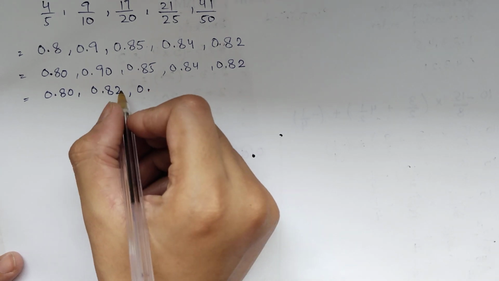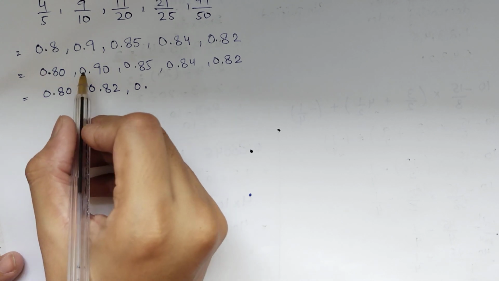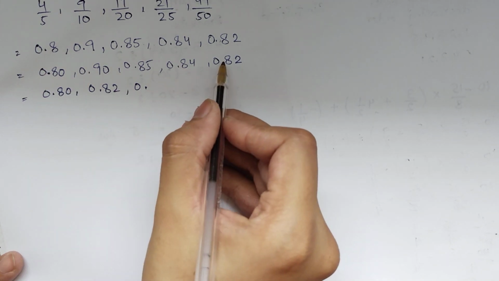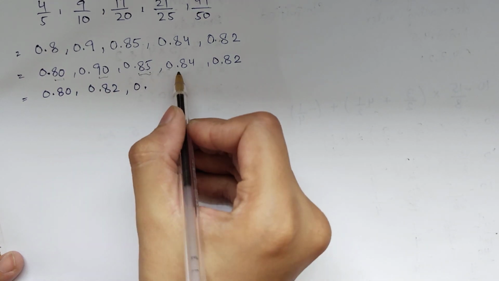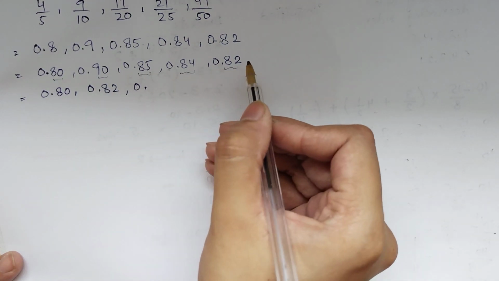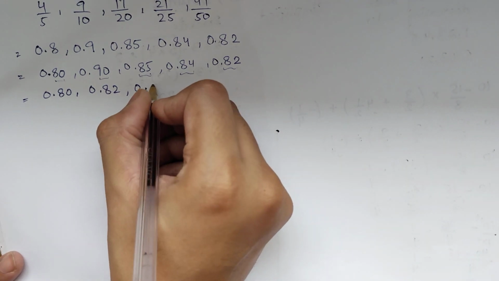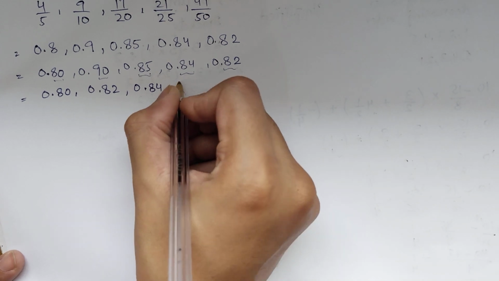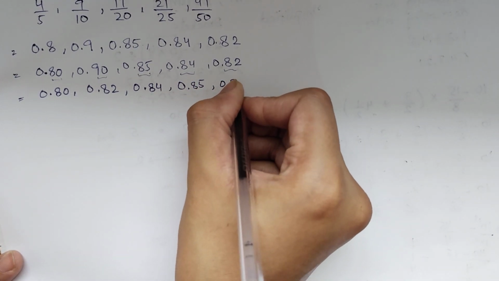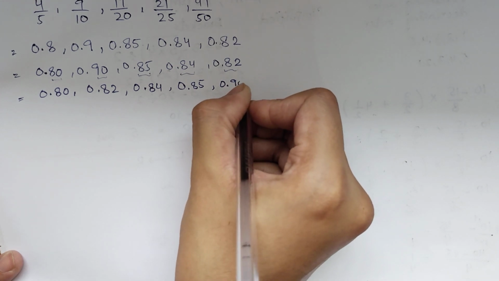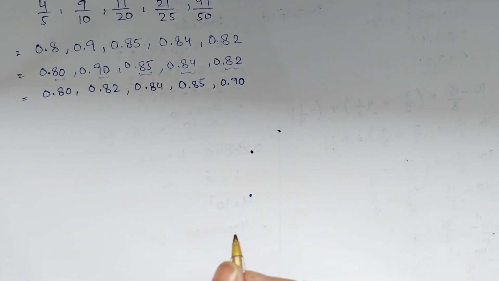It doesn't mean that this number is 84 and 85, but if you see, these all have a common 0. So these numbers are considered like the numbers 80 is smaller than 82, is smaller than 84, is smaller than 85, and the largest one is 0.90, it means 90 at the last. So this is the arrangement.